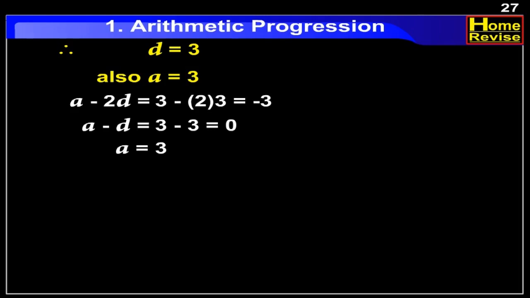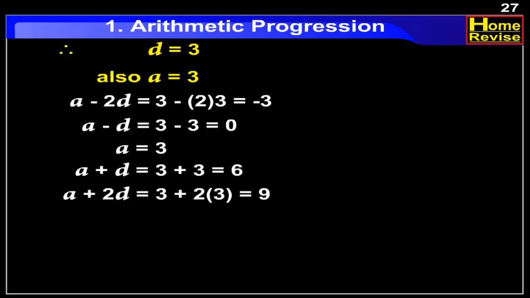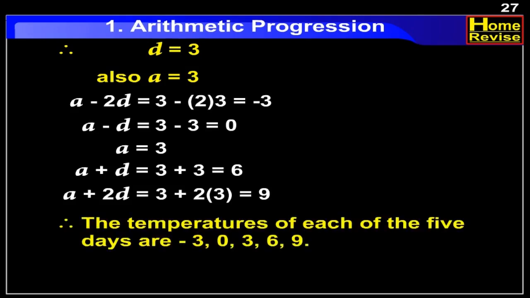Number 3. a is equal to 3. Number 4. a plus d is equal to 3 plus 3, which is equal to 6. And a plus 2d is equal to 3 plus 2 into 3, which is equal to 9. Therefore, the temperatures of the 5 days are minus 3, 0, 3, 6 and 9.